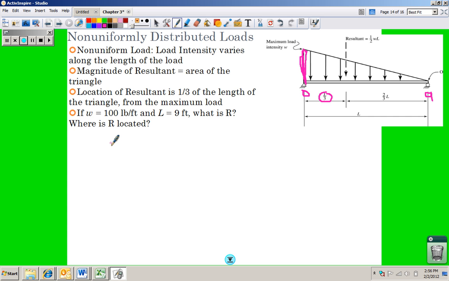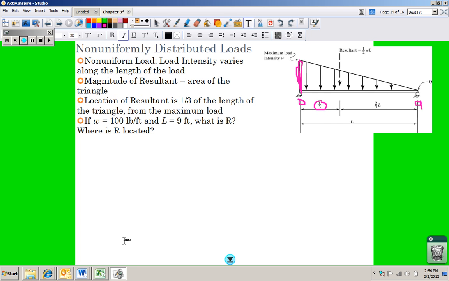If the load intensity were 100 pounds per foot and L was 9 feet, what is R and where is it located? So the load is going to be equal to 1/2 times the 100 pounds per foot times 9 feet.